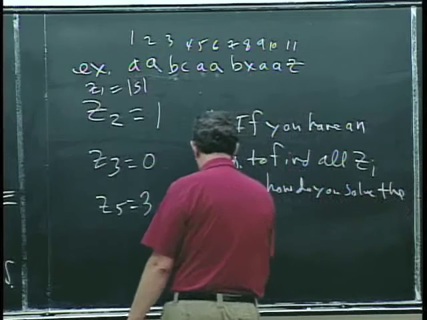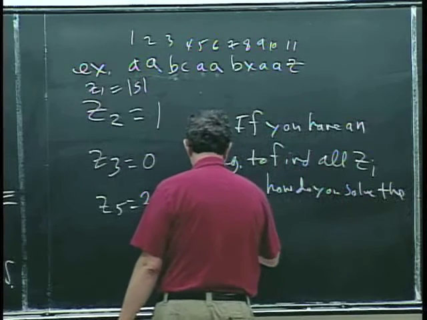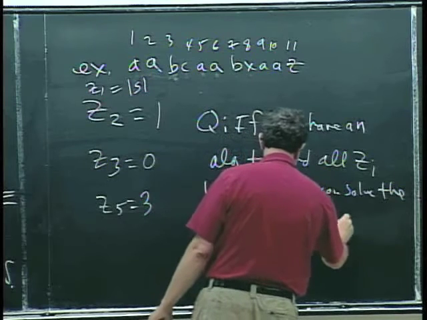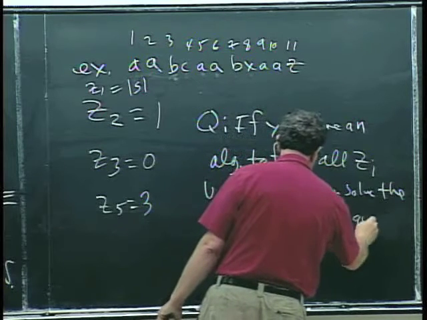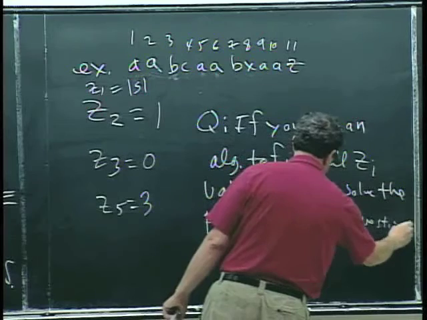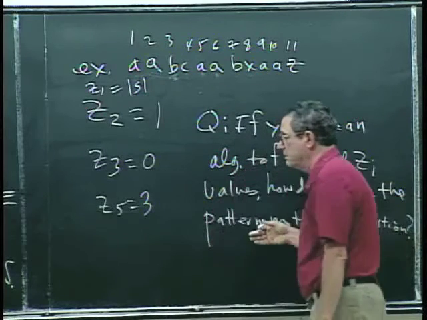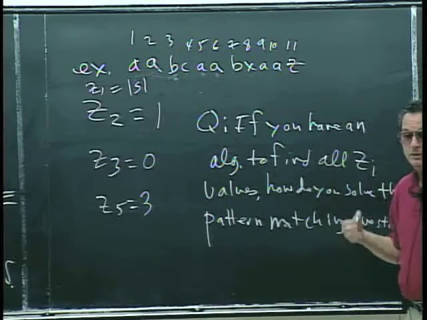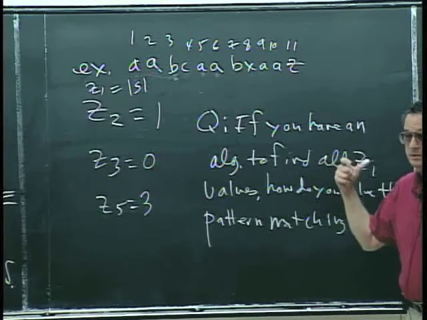The pattern matching question. How do you use the z algorithm to find all the occurrences of a given pattern inside of a given text?